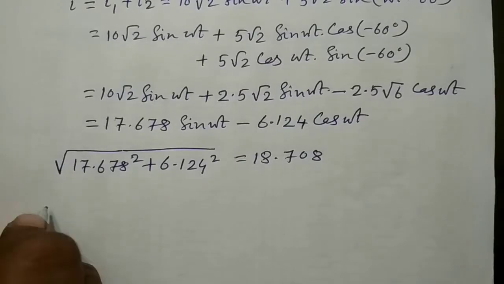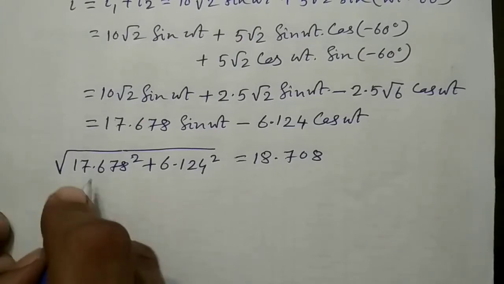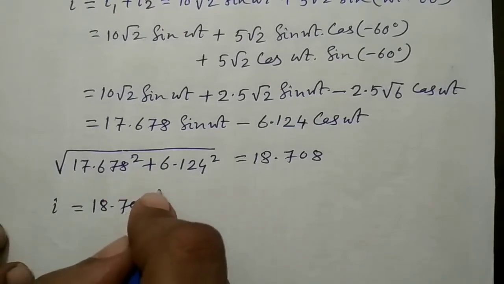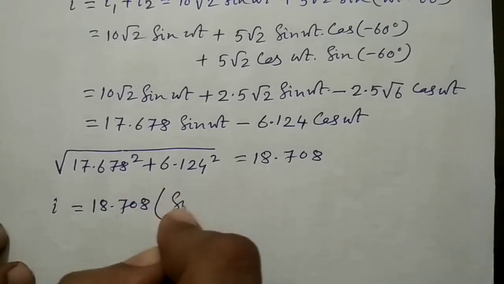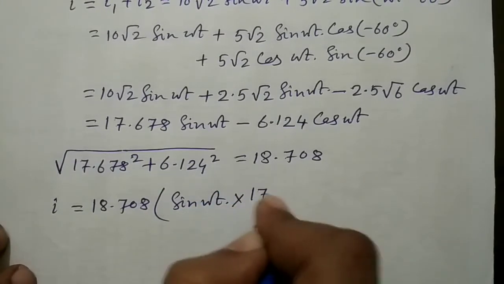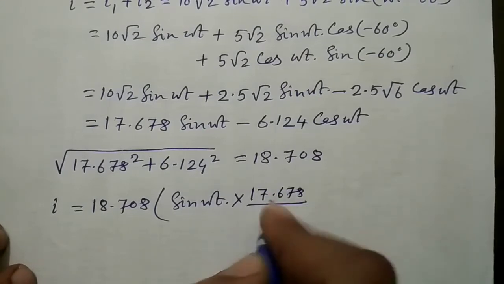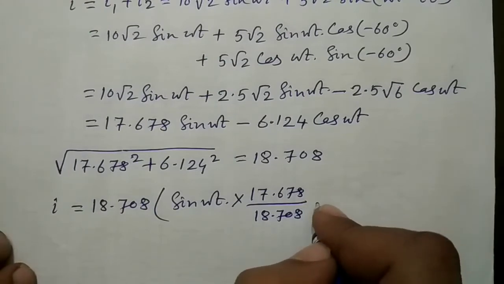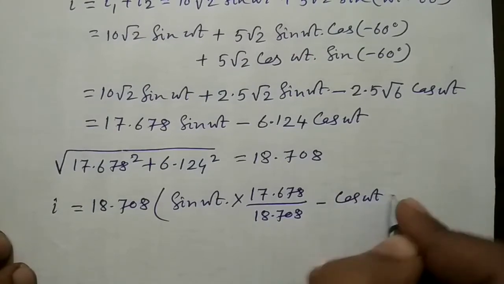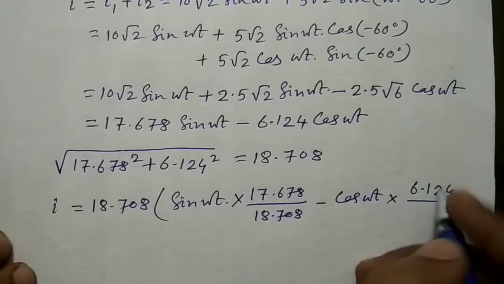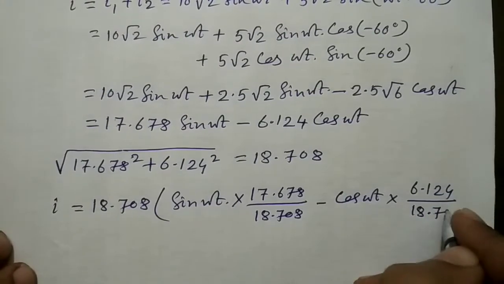Therefore, the resultant current I can be written as 18.708 into sin omega t into 17.678 upon 18.708 minus cos omega t into 6.124 upon 18.708.